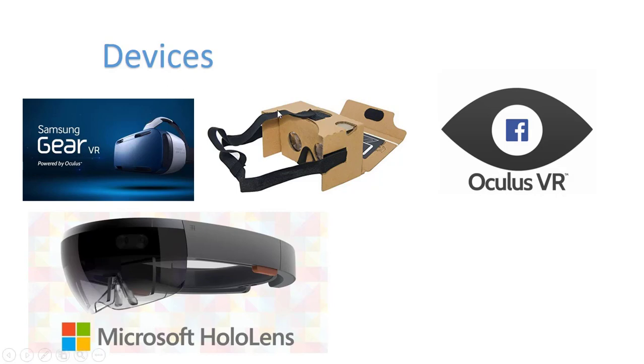And the second one is Google Cardboard. It is going to cost you around 1000 Indian rupees, something around 15 to $16 approx. It is the cheapest device. And the third one in the list is Oculus VR from Facebook.